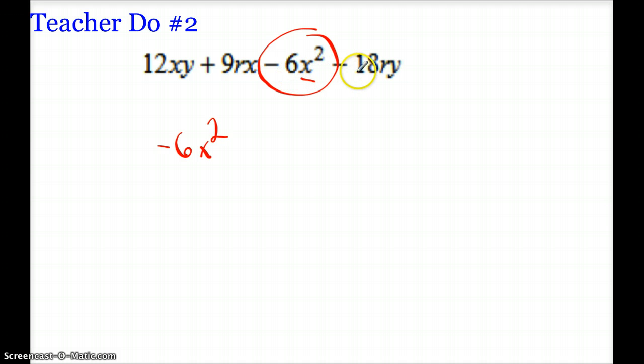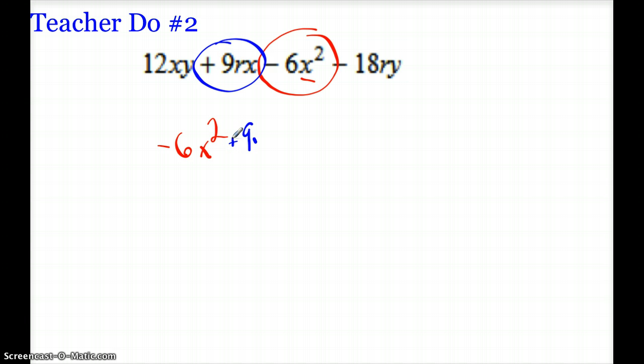Now, it's a little bit confusing because I have an xy, I have an rx, and I have an ry. So I'm guessing both of them are going to have an r and a y, maybe an x and a y. So I'm going to put the positive 9rx second.